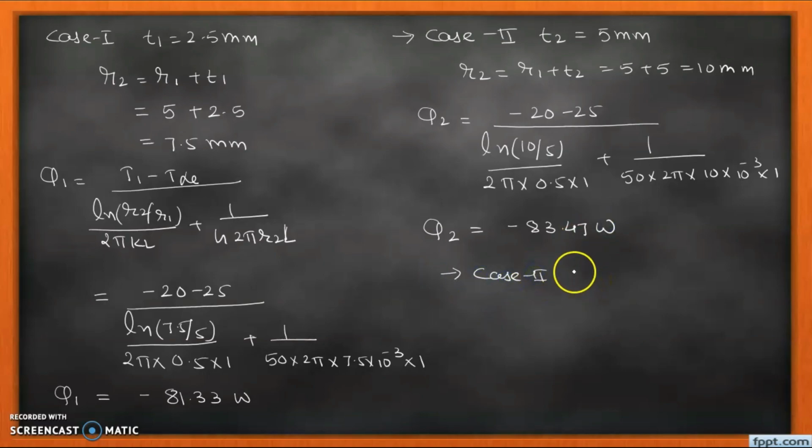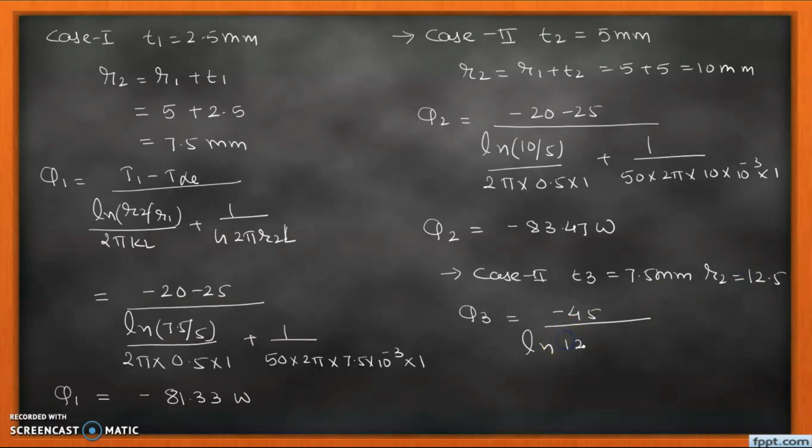Similarly for case 3, we know that the thickness for case 3 is 7.5 millimeter. So we get the value of Q3, which is equal to minus 45 divided by ln R2, where R2 becomes 5 plus 7.5, so it becomes 12.5.